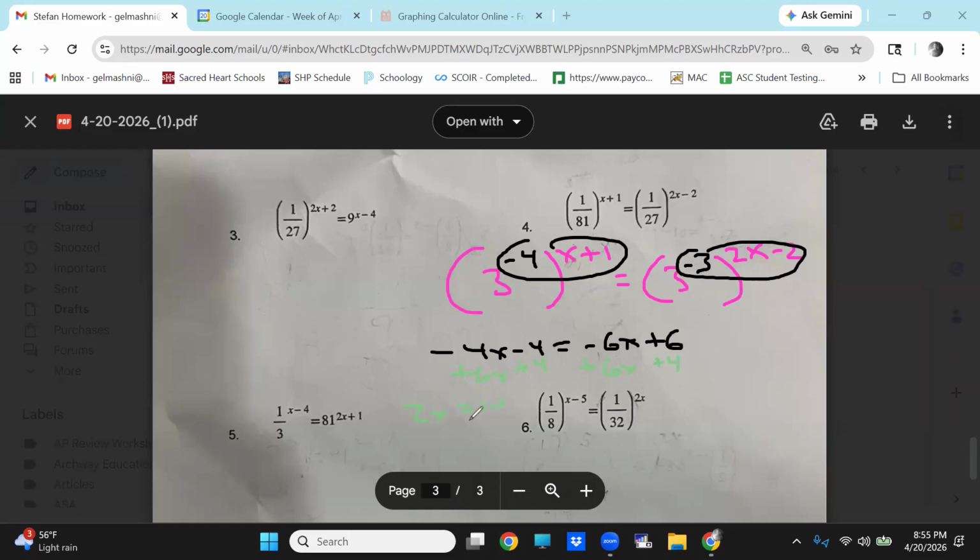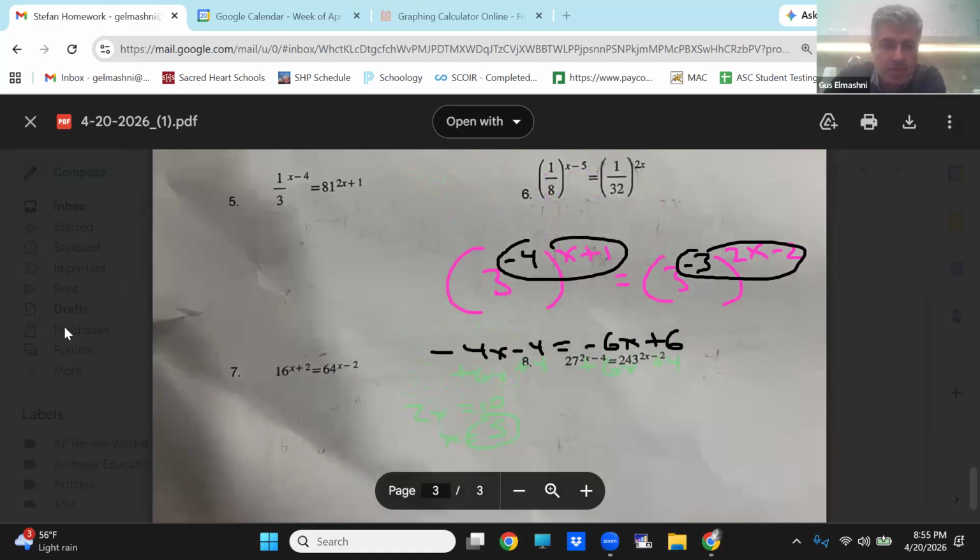So 2x equals 10. Oh, 2 times x equals 10. x is 5. Right.